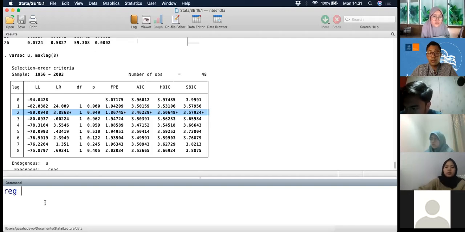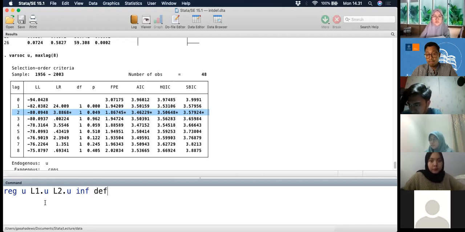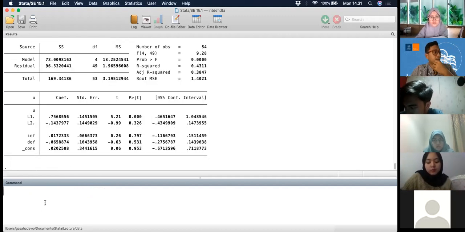So you're going to regress the residual on lag 1 of the residual, lag 2 of the residual, and the explanatory variables of interest, in this particular case inflation and budget deficit as a percentage of GDP. This is basically step 3 in the slide deck that we just discussed.